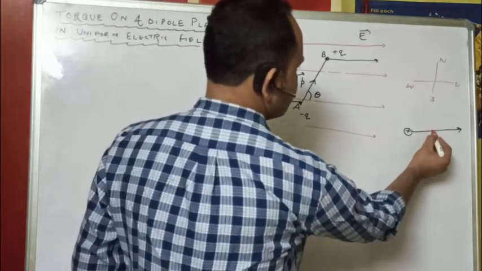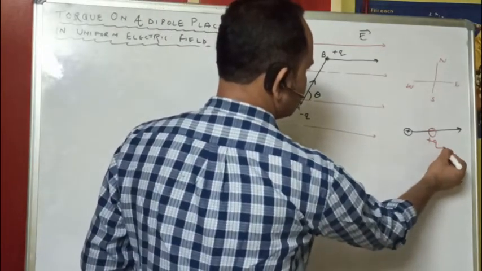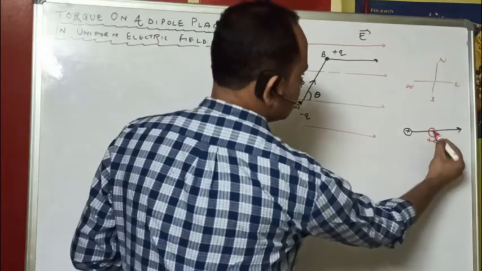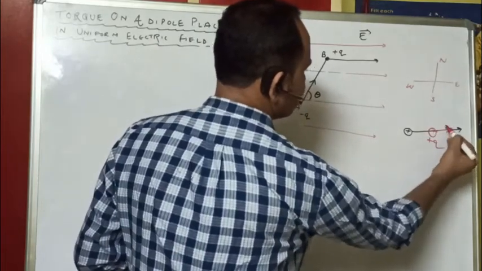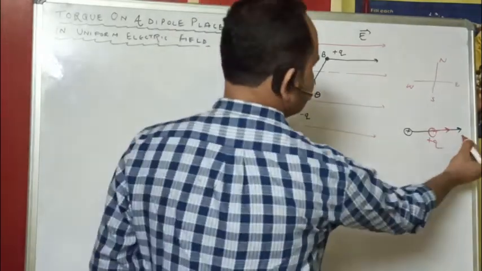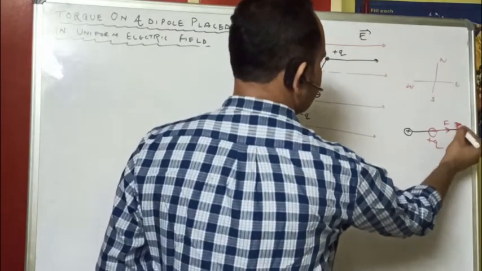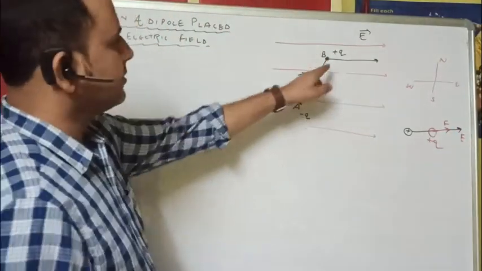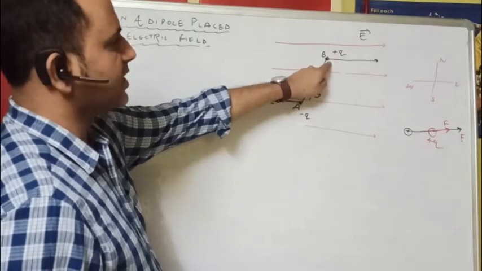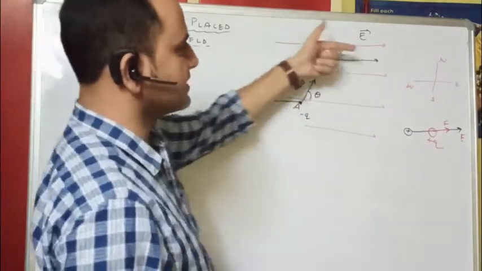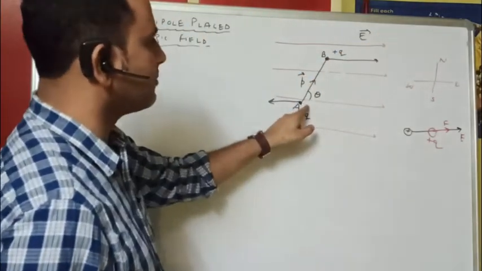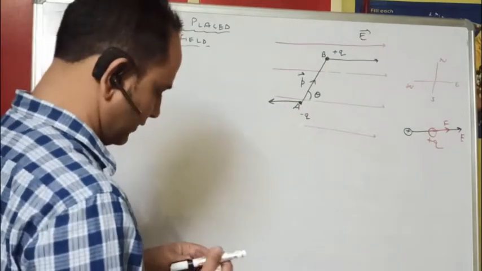If you place a plus charge at this location, it will experience a repulsive force in the direction of the electric field. In a similar way here, the positive charge feels the force in this direction and the negative charge in the opposite direction of the electric field.